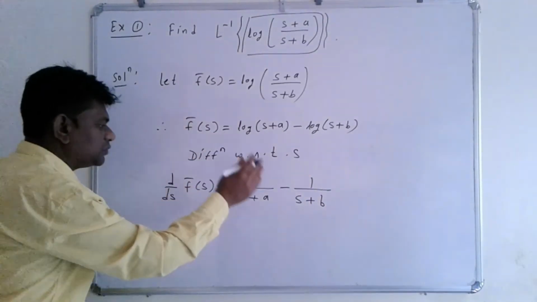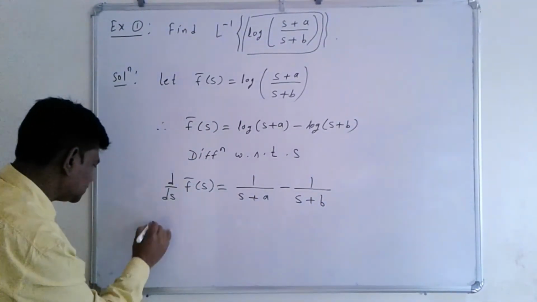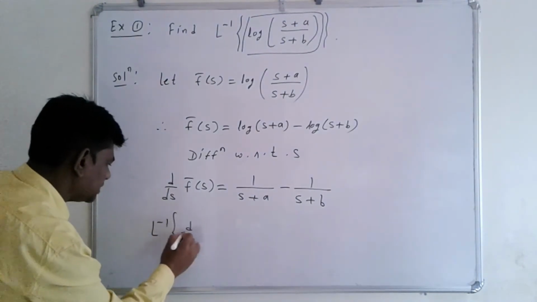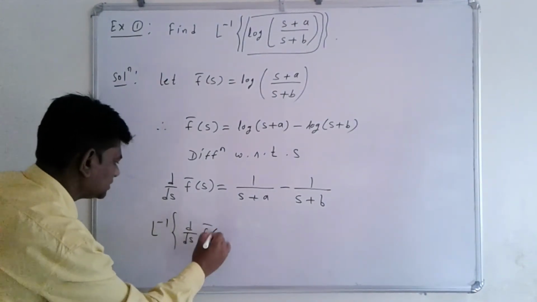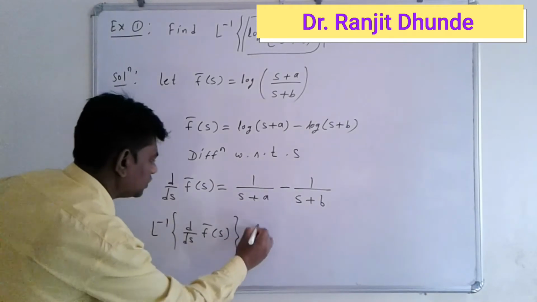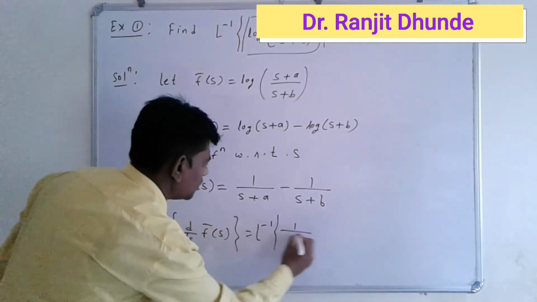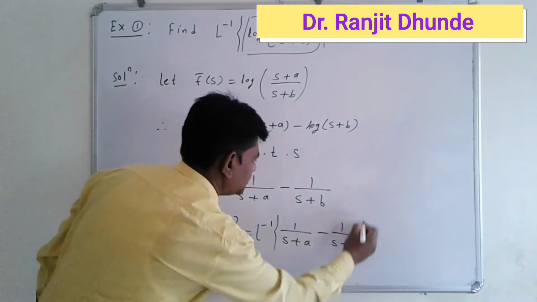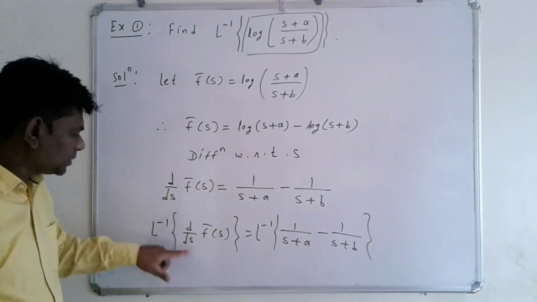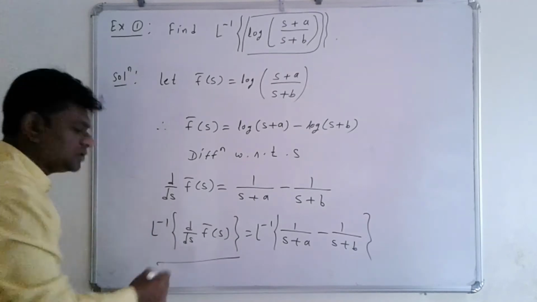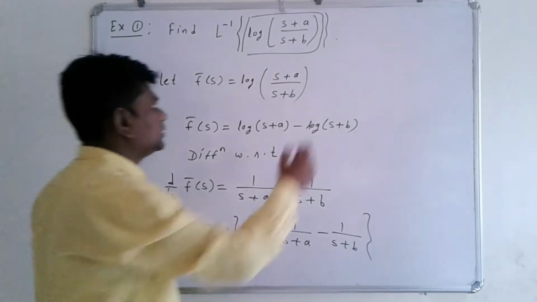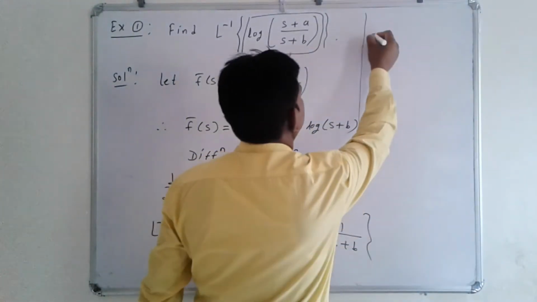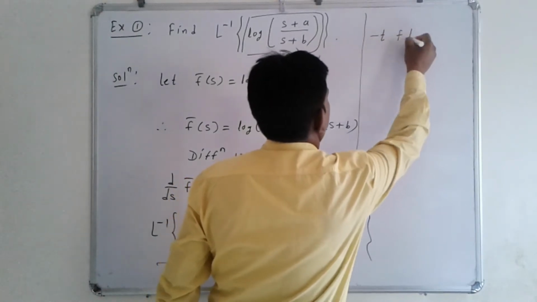Now applying inverse Laplace transform to both sides, the inverse of d by ds f bar s is equal to inverse of 1 upon s plus a minus 1 upon s plus b. Now inverse of d by ds f bar s, the inverse Laplace transform of derivative, answer is minus t f of t.